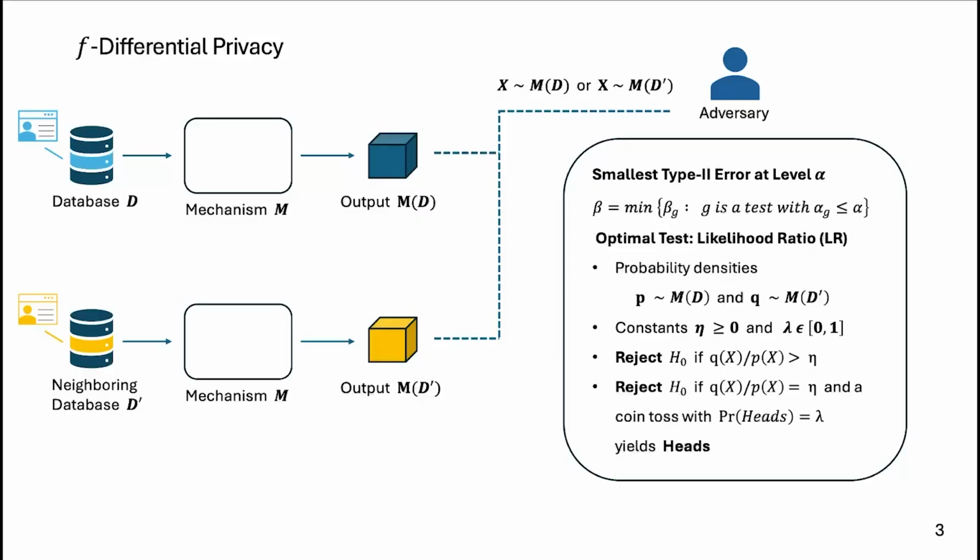And this optimal likelihood ratio test then rejects the hypothesis if the density quotient lies above this threshold eta. It also rejects if the density quotient equals eta and a coin toss provides us with heads, where the probability for the outcome heads is given by the coin toss probability lambda.